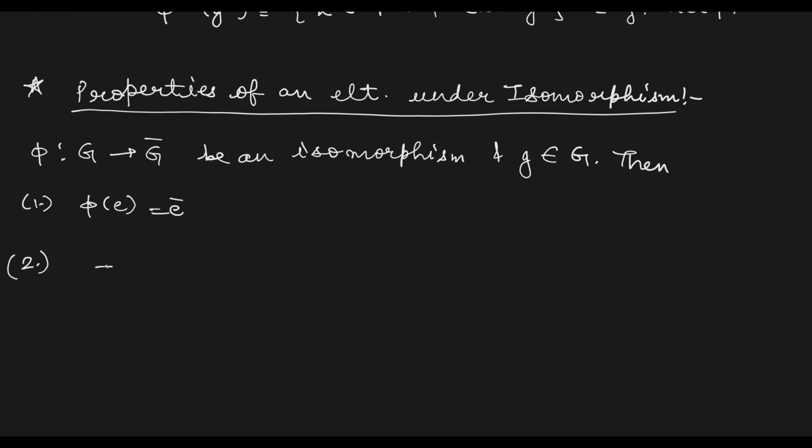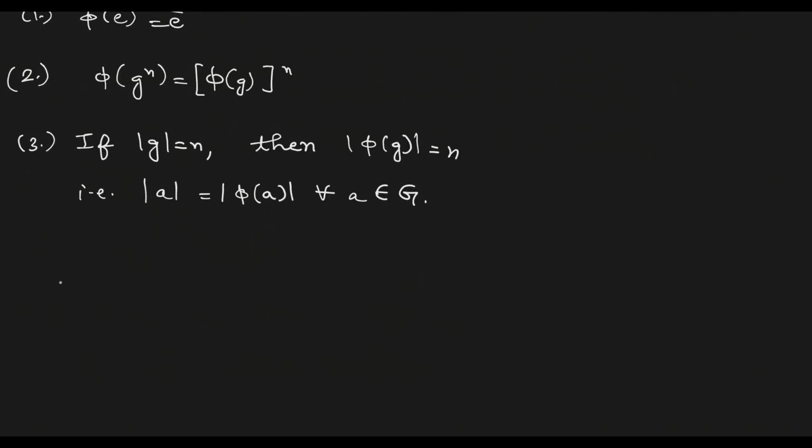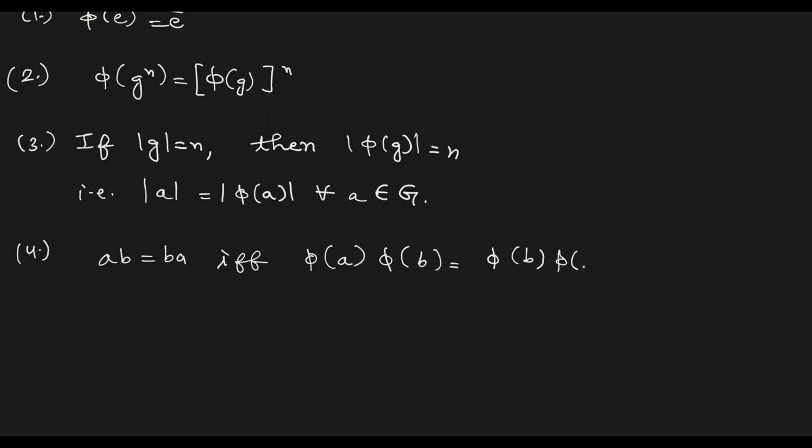Second, phi(g to the power n) is equal to phi g whole to the power n. Third, if order of g is equal to n, then order of phi g is equal to n, that is, order of A is equal to order of phi A for all A belongs to G. Fourth, AB is equal to BA if and only if phi A phi B is equal to phi B phi A.